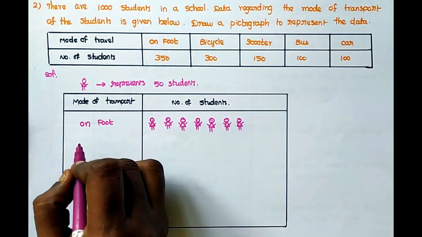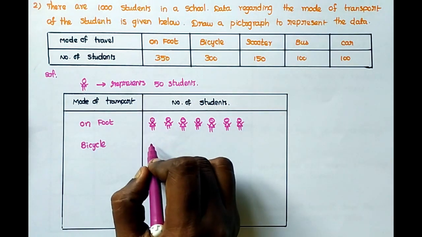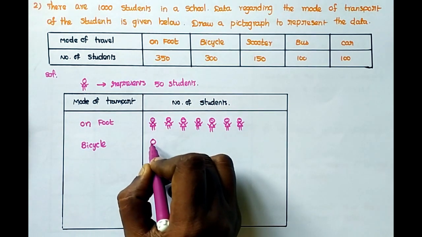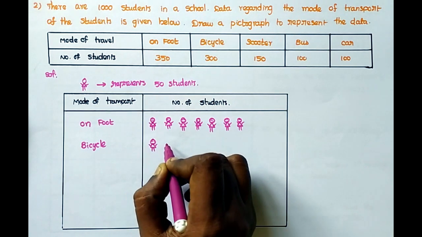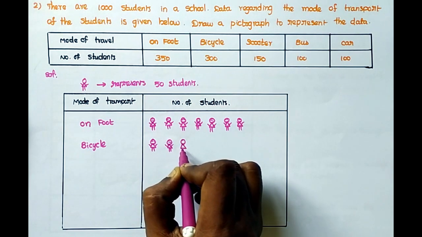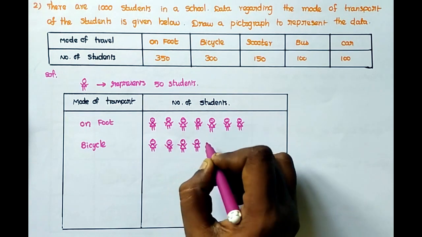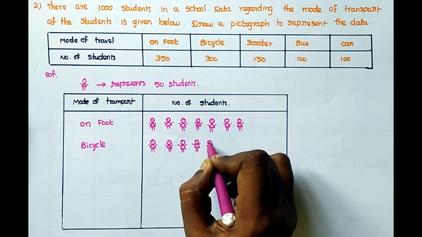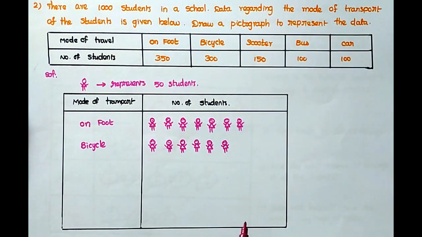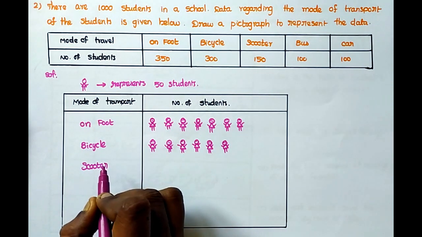Next one, bicycle, 300. So 6 50s are 300. Next one, by scooter, 150.